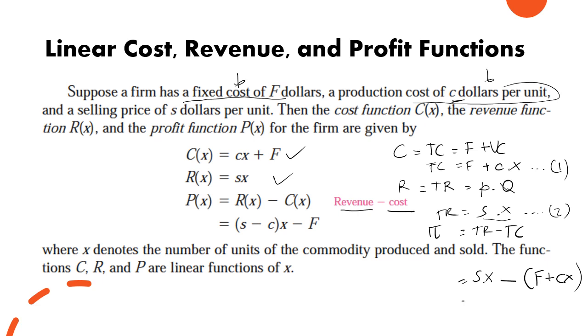So then it becomes Sx minus F minus Cx. And collect all the x's together as Sx minus Cx minus F. Since it has the same x's, we can simplify like this. So now this is our profit.